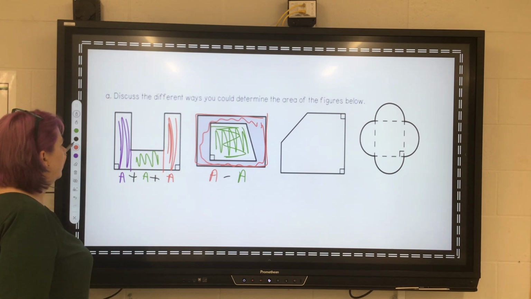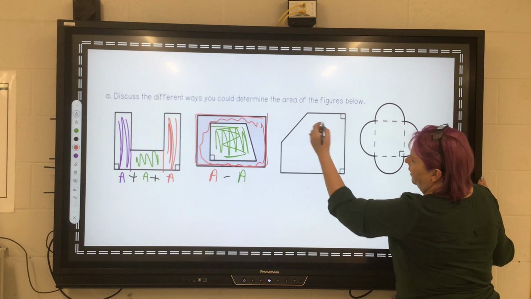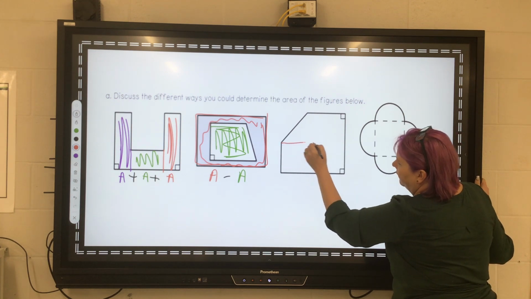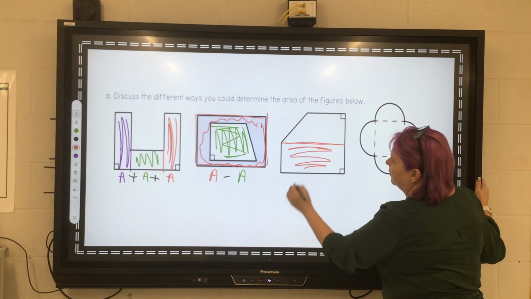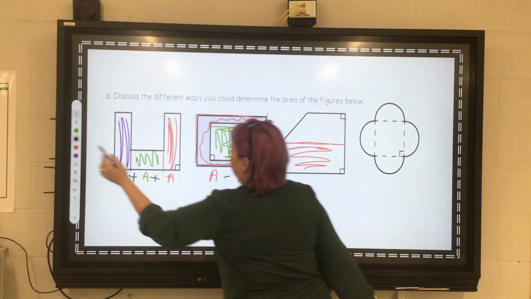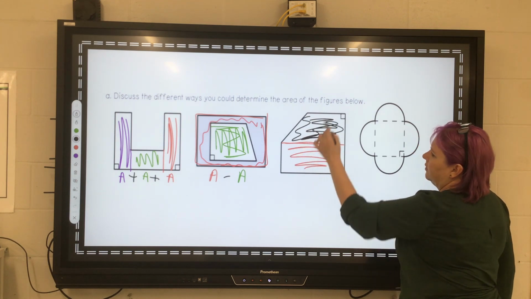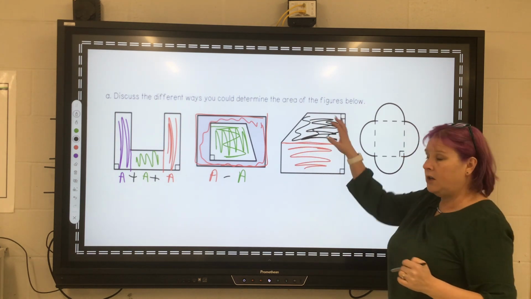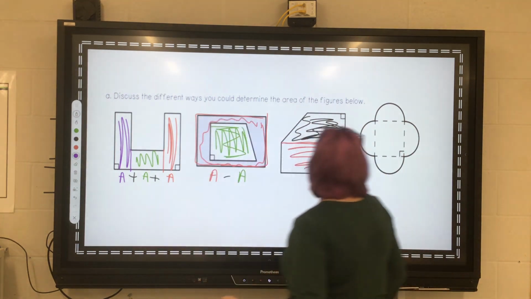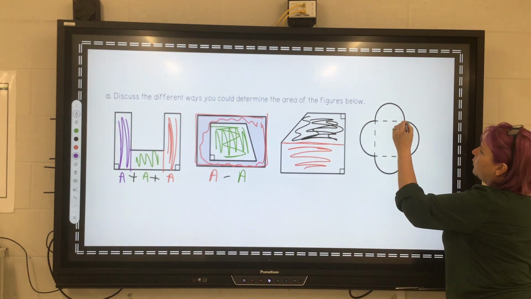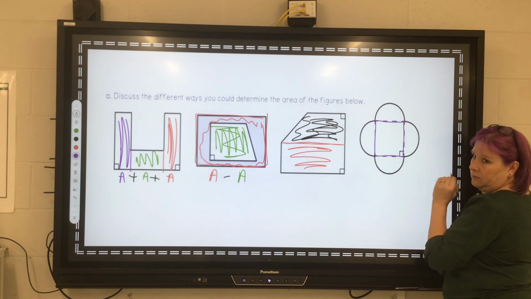On this one, I've got two figures. I've got a rectangle here and a trapezoid here. So those are my two figures that I can add together. And on this one over here, I have the one square or rectangle.